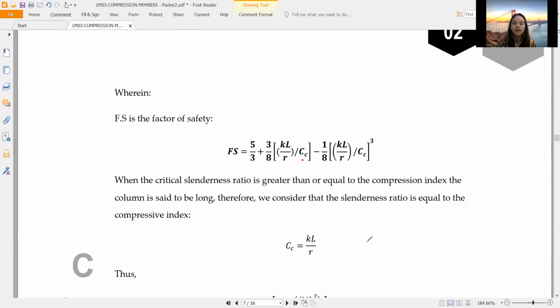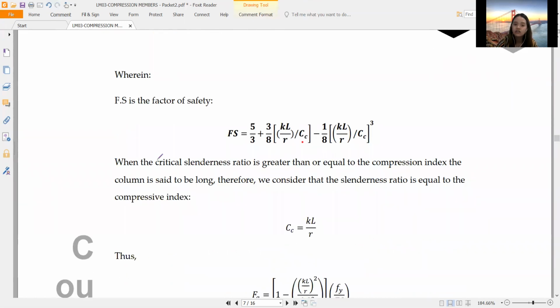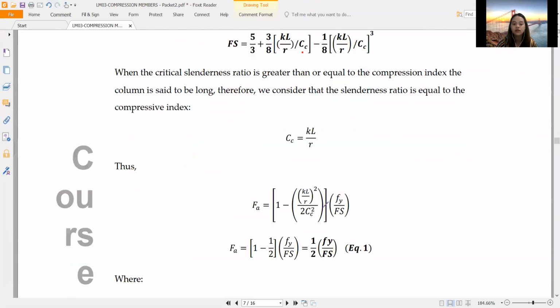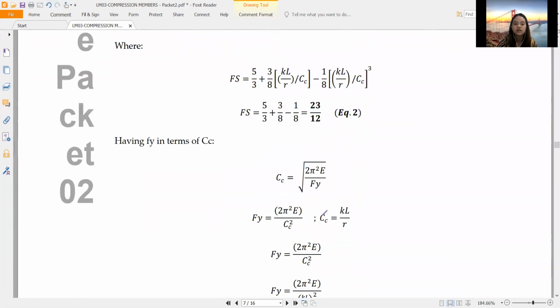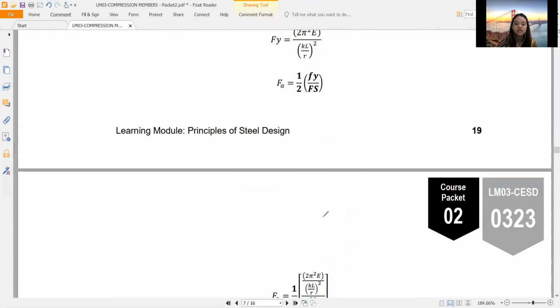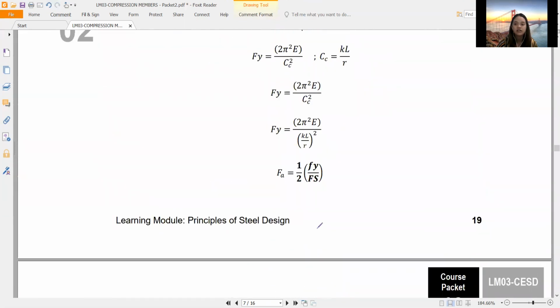Okay. If your slenderness ratio is greater than or equal to your compression index, the column is said to be long. So we have two cases: if it is equal or if it is greater.